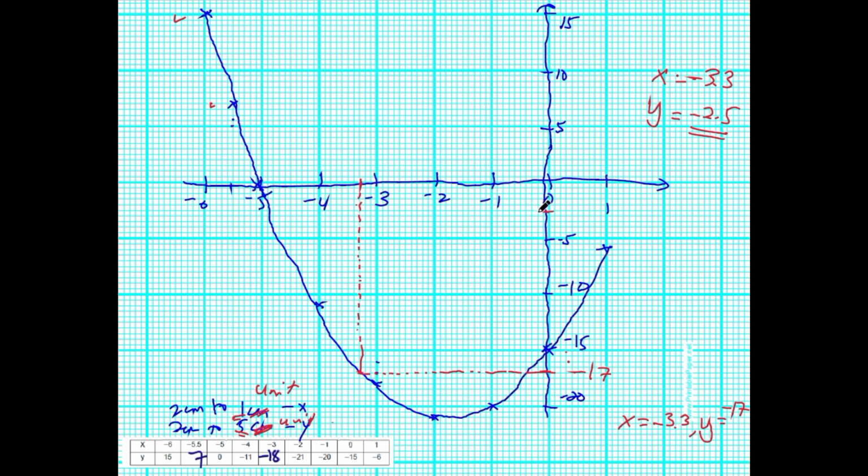So you extend it so that it will meet the graph. So here I meet the graph. Then after I meet the graph, I extend it towards the axis to know what the value is. So I get a point almost at negative 5. So this is negative 4.9. So when y is equal to negative 2.5, x is equal to negative 4.9.